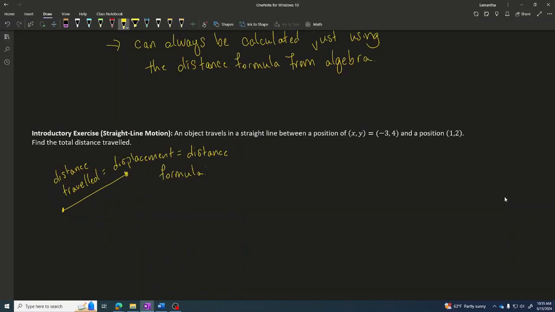So using that distance formula, I am going to take the difference of the final x and the initial x, square that, and take the difference between the final y and the initial y and square that.